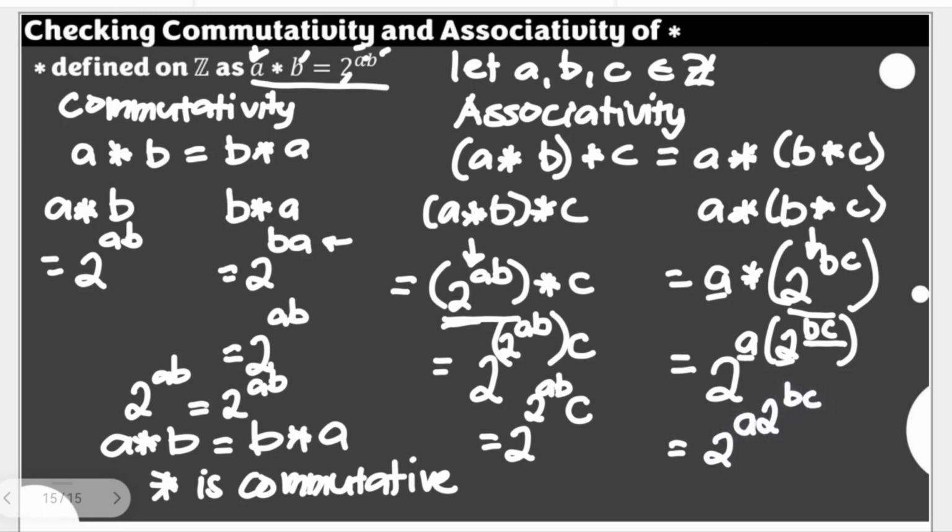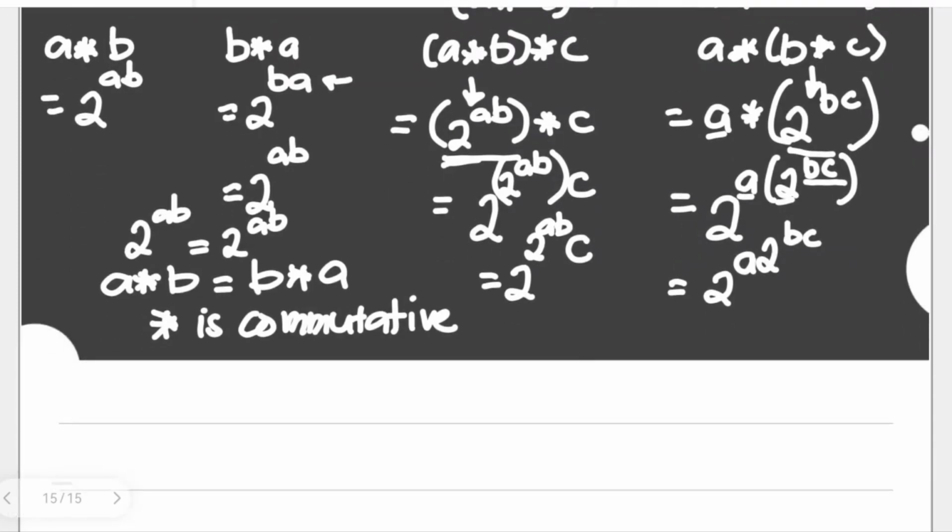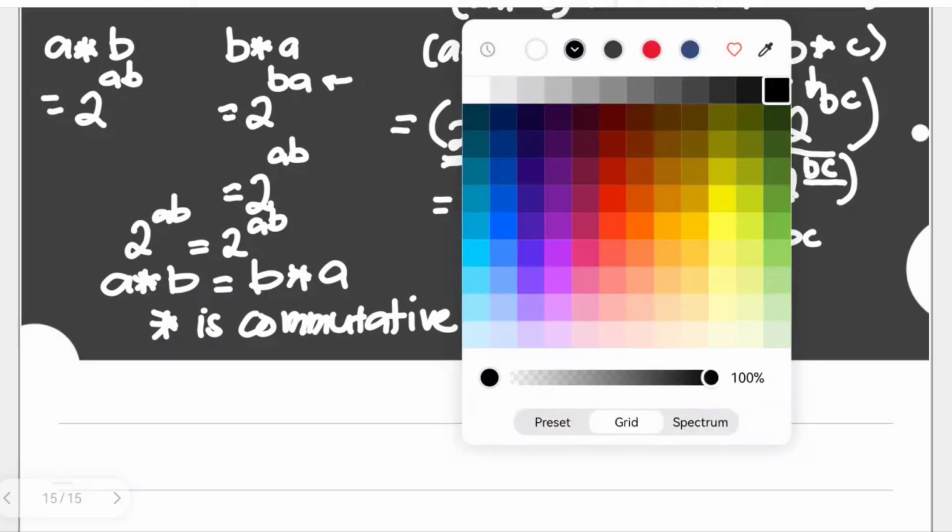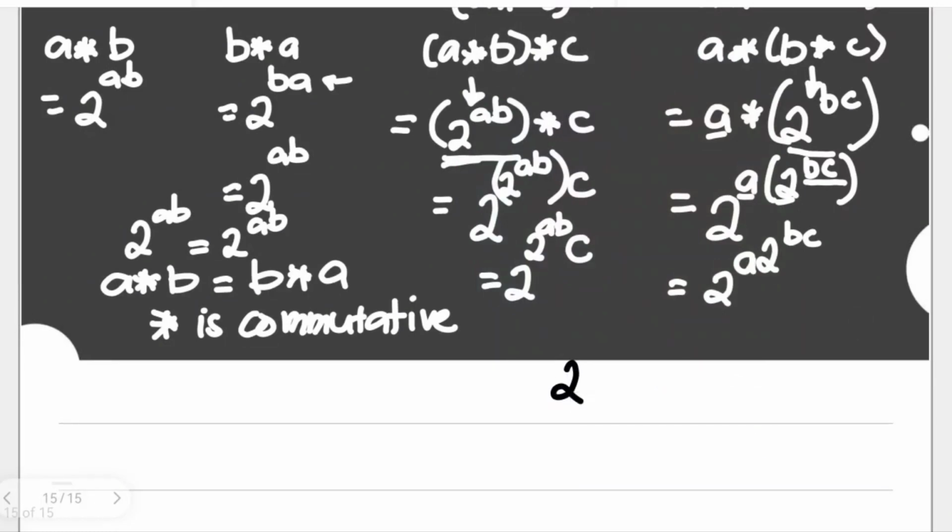Now, we are targeting all possible values of a, b, and c, elements of Z. There might be some instances where we will have the same result, but of course, for all, we cannot say that. Therefore, we cannot say that 2 to the power of 2^(ab) times c is necessarily equal to 2 to the power of a times 2^(bc).